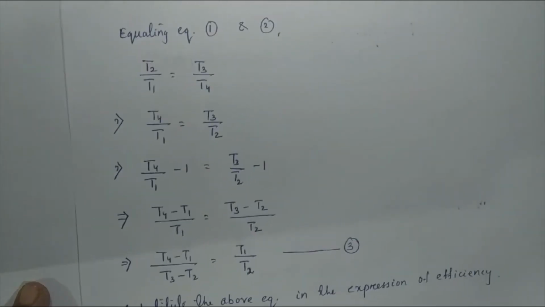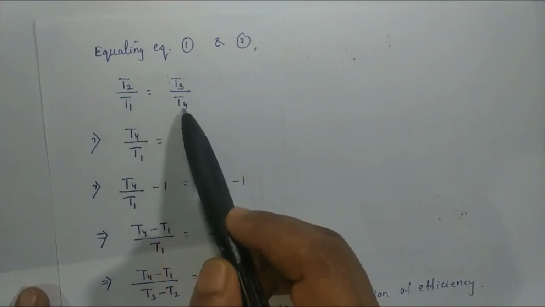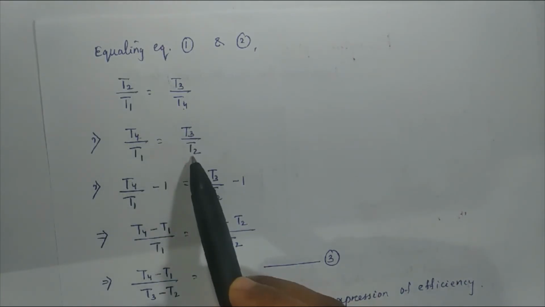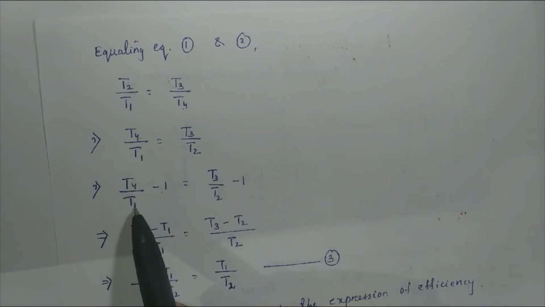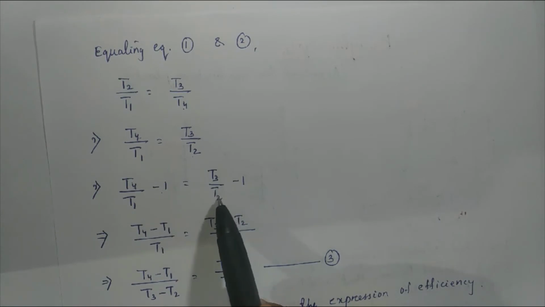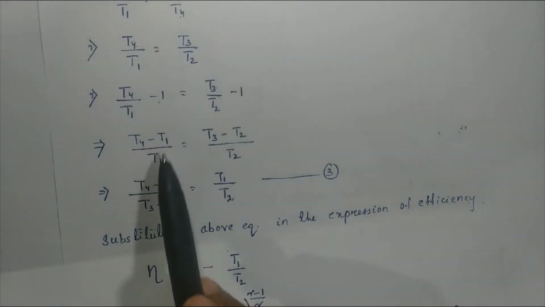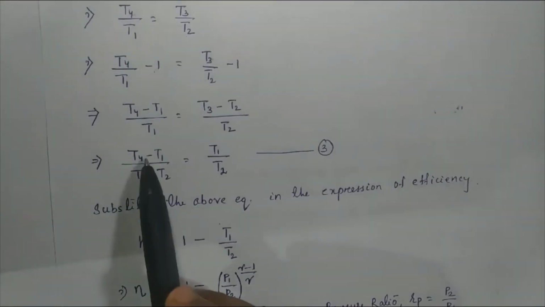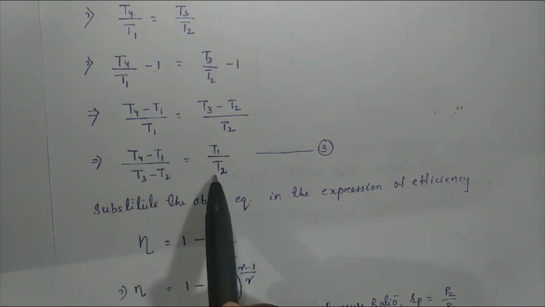After equating, we get T2 by T1 equals T3 by T4. Rearranging, T4 by T1 equals T3 by T2. Subtracting 1 from both sides, T4 by T1 minus 1 equals T3 by T2 minus 1. So (T4 minus T1) by T1 equals (T3 minus T2) by T2, or (T4 minus T1) by (T3 minus T2) equals T1 by T2.